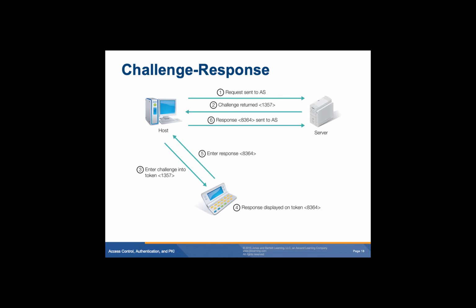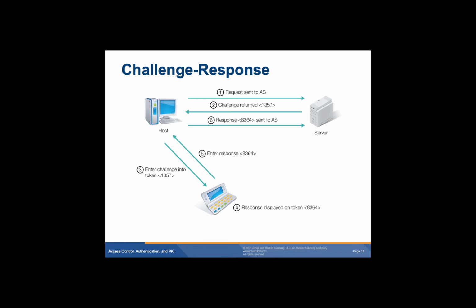Challenge response is used in networking as well as in the information system server area. So challenge response: a request is sent from the host to the AS. The challenge is returned, and then look at number 3, enter a challenge into the token.